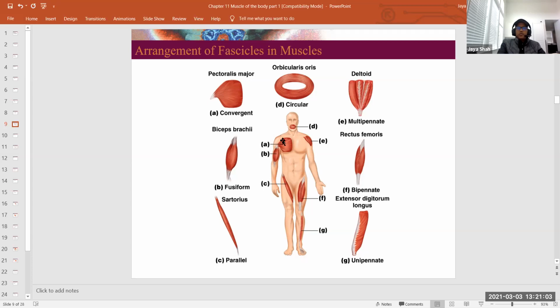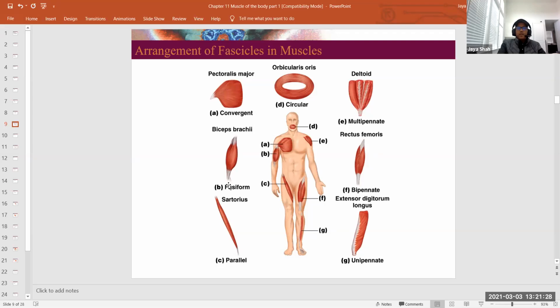On the medial side the muscle is a big bulk, and the fibers all converge and become a tendon, which is attached to the humerus. So this type of muscle is called convergent. A, pectoralis major, is a convergent muscle.